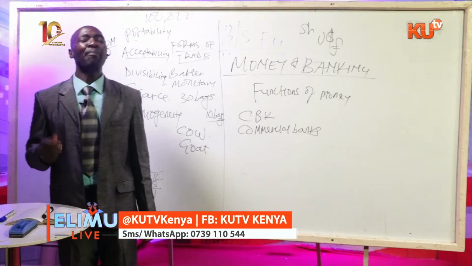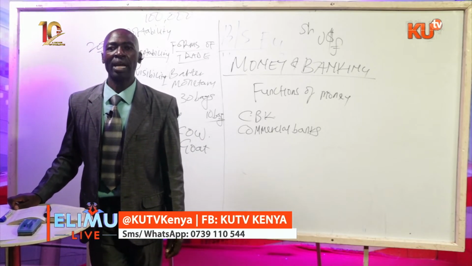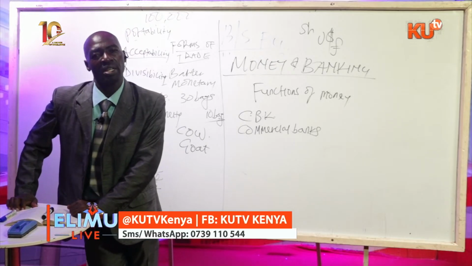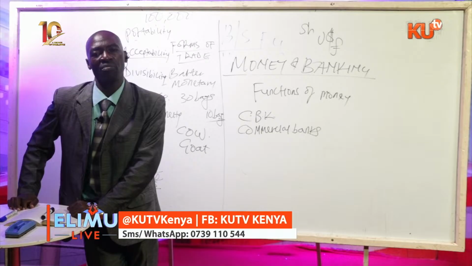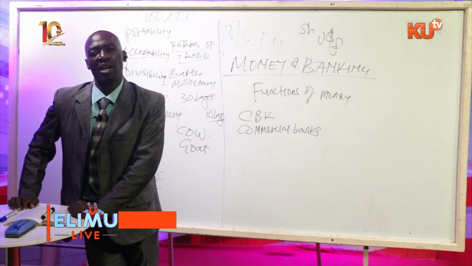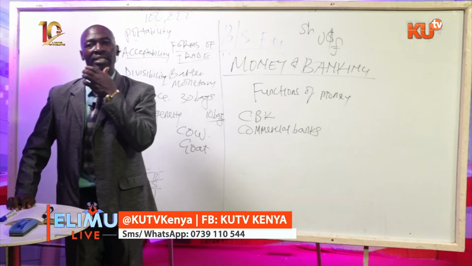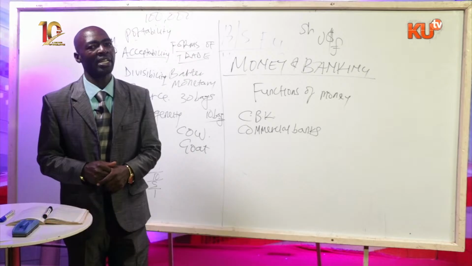Function number two of the central bank, it is the commercial banks' bank. We have said function number one, it is the government's bank, whereby it receives deposits in form of taxes on behalf of the government. Under the government's bank, it regulates inflation of that particular country.